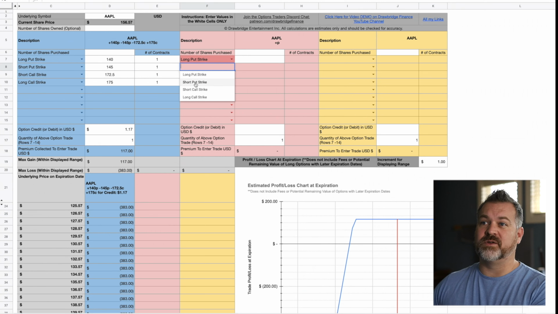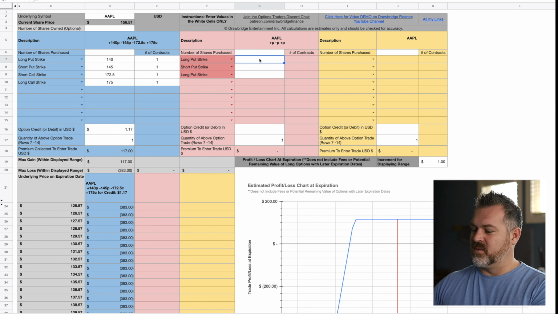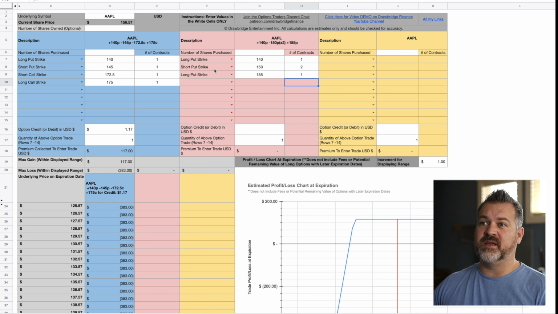A long put, a short put, and then a long put at different strikes. We're going to do the 140, 150, 155, and we're going to place the same thing that's in our brokerage, buying 140, selling two of the 150s, and buying one of the 155s. We're going to do this for a net credit of 40 cents, and we're doing one of these contracts. So it's just a multiplier of one of each of these.